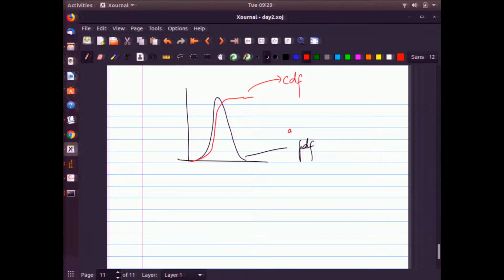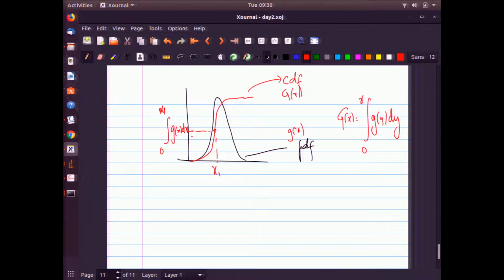So if this is G of x, this is capital G of x, equals, okay. We're going to integrate here, and I'm going to put the x here, which means for any value here, the value of g is the integral from 0 to x1, and you keep doing that.